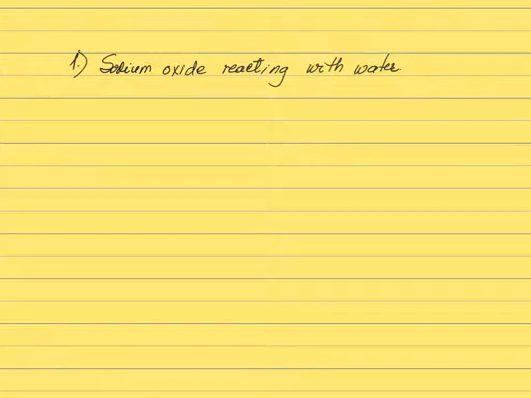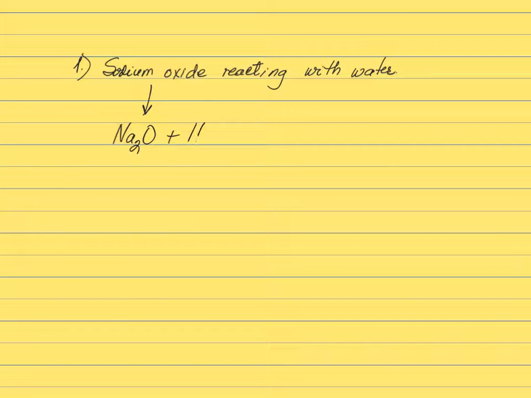Sodium oxide. Is that an element? Is that a compound? Do I know how to write the formula? Sodium oxide is a compound and is reacting with water, which is another compound. And now is when you have to analyze.